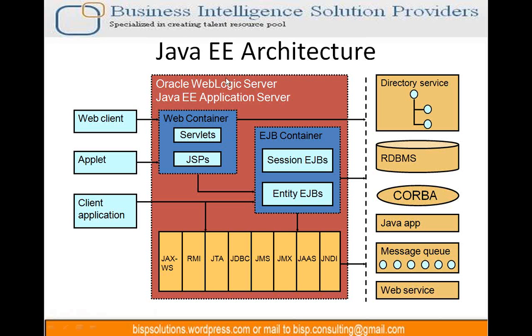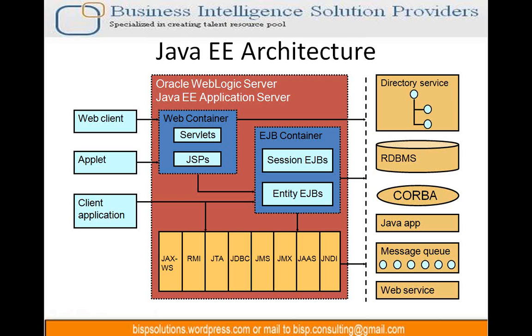And the middle tier we are seeing right now is where we have the Oracle WebLogic server. That's nothing but a J2EE application server, standardized on Java support for various modules. If you see the containers, the two basic ones, the web container and the EJB container, are the two major containers which make up an application server. So when we have these two containers in our middle tier, that is an application server which serves based on their capabilities.